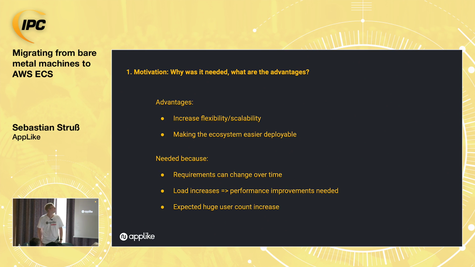So that's where AWS ECS is a bit better, because we can just spawn containers and be good, or spawn instances, then spawn containers. And the next thing is making the ecosystem easier deployable. That's actually what I already mentioned.